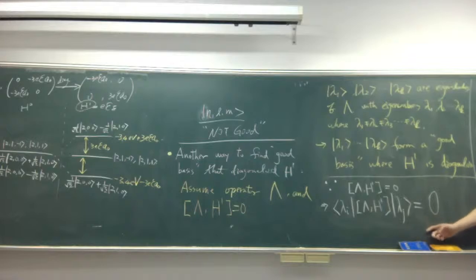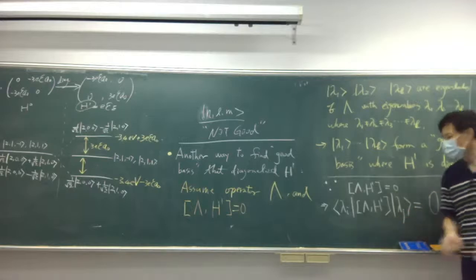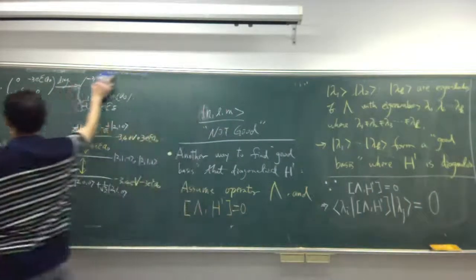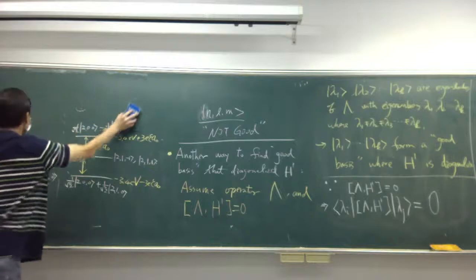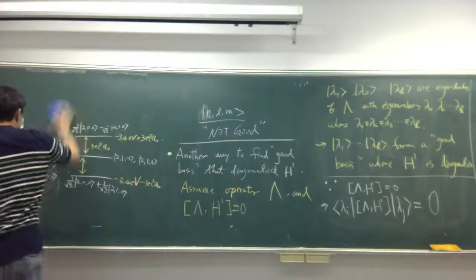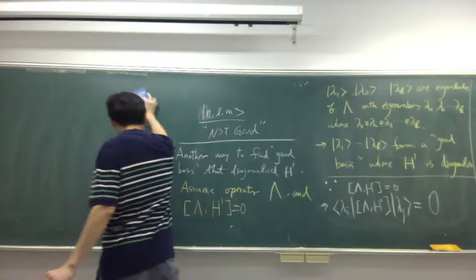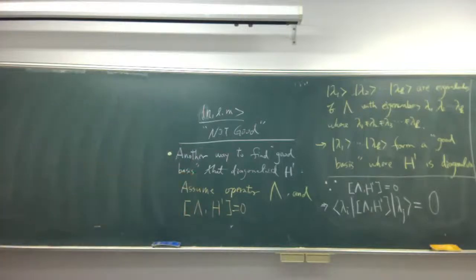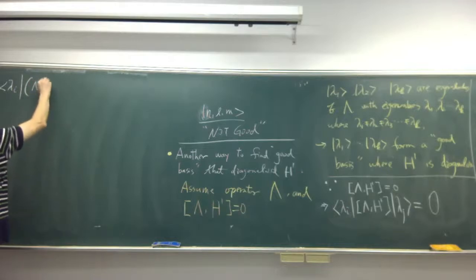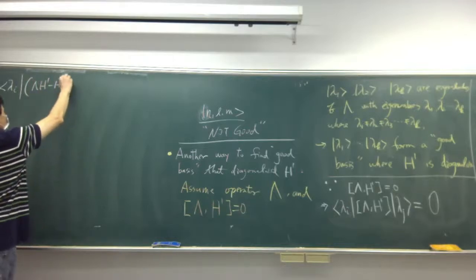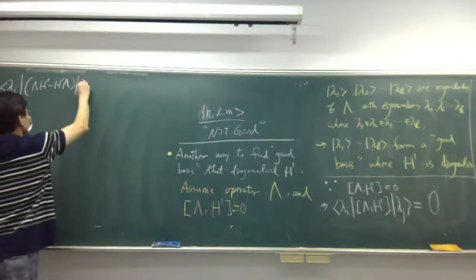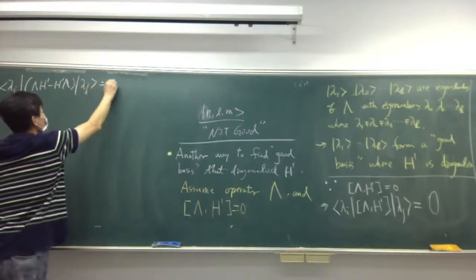Now next step, let's expand it. So let me expand this equation. Now I got lambda I, lambda H1 minus H1 lambda, lambda Z equals 0.